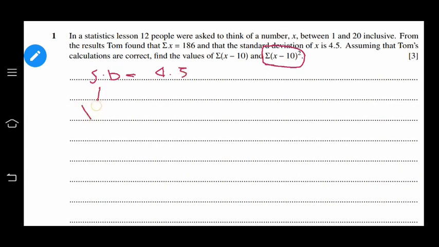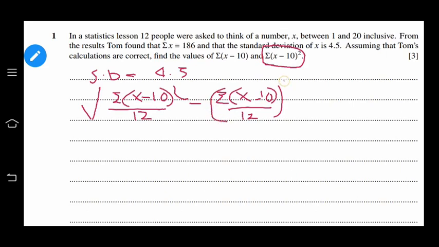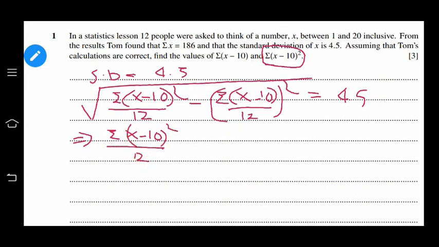And you know standard deviation is the square root of variance, that is the square root of sigma (x minus 10) the whole squared by 12 minus (sigma (x minus 10) divided by 12) the whole squared, is equal to 4.5, which implies sigma (x minus 10) the whole squared divided by 12 minus (66 by 12) the whole squared, as we just calculated, is equal to 4.5 squared, which is 20.25.